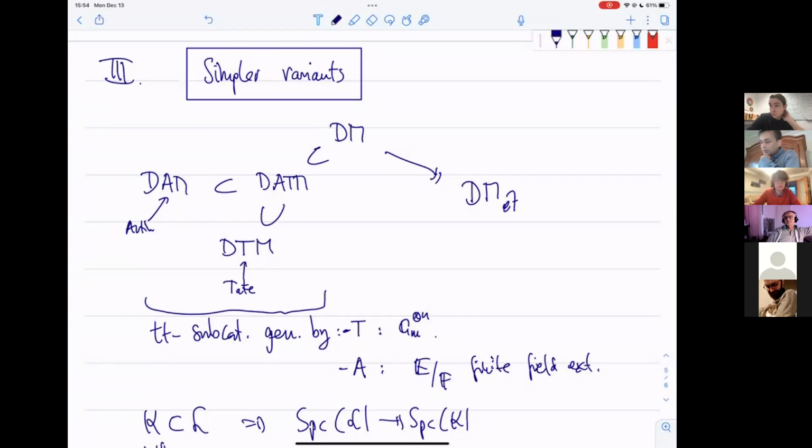So in the case of the complex numbers, for instance, I'm not sure I will have time to discuss that. So let me perhaps leave the étale part on the side and focus on the left hand side.